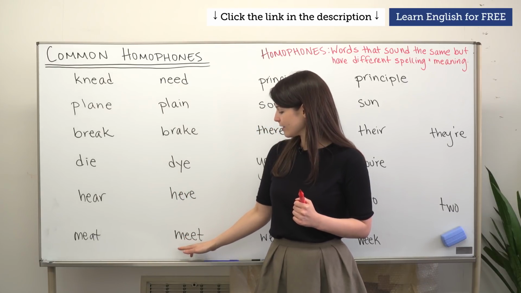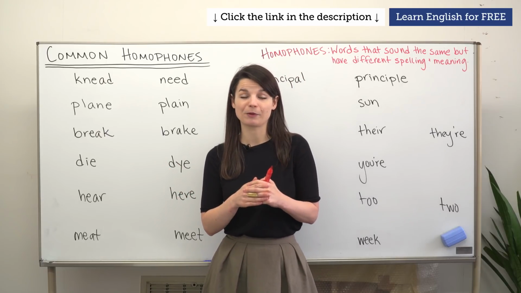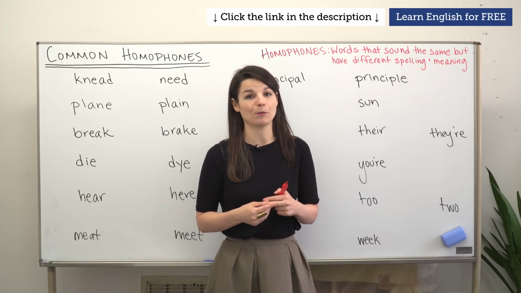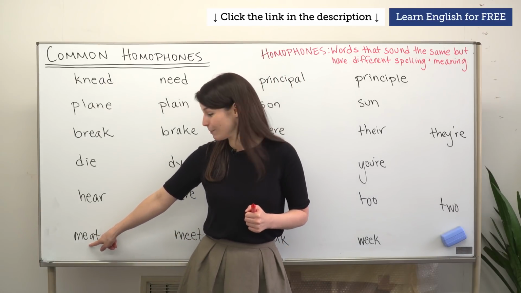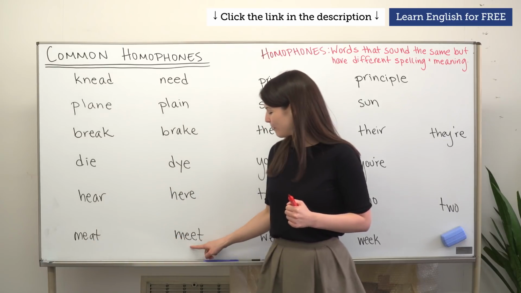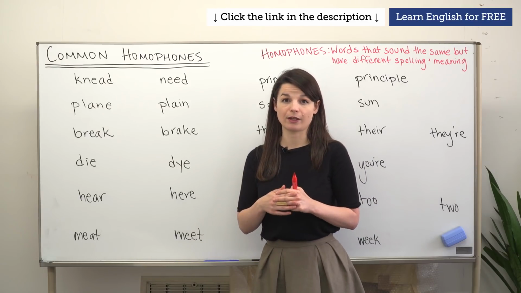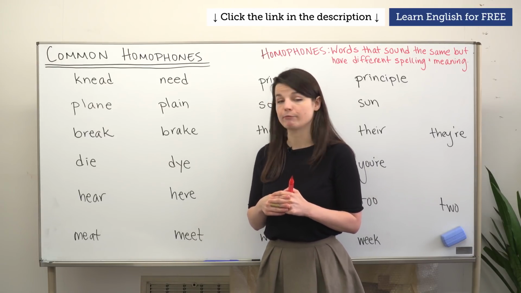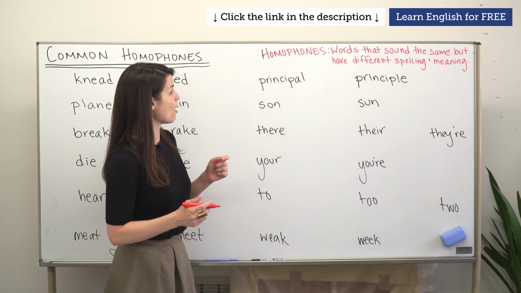Meet, however, over here, M-E-E-T, used as a verb, meaning to come together with another person, to meet someone. So please be careful. The only difference here is the vowel, M-E-A-T for the food that we eat, and M-E-E-T for our action, for coming together with another person. So meat and meet here. Okay, let's go to the next set of homophones.